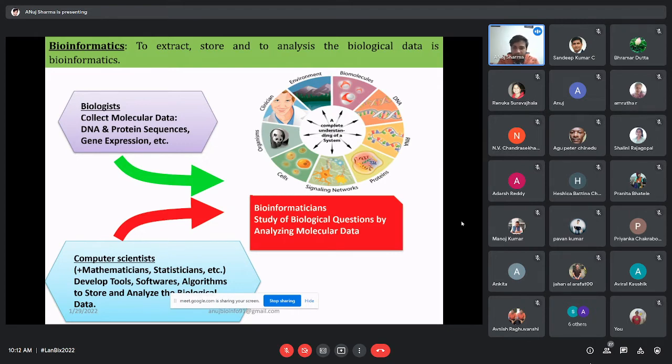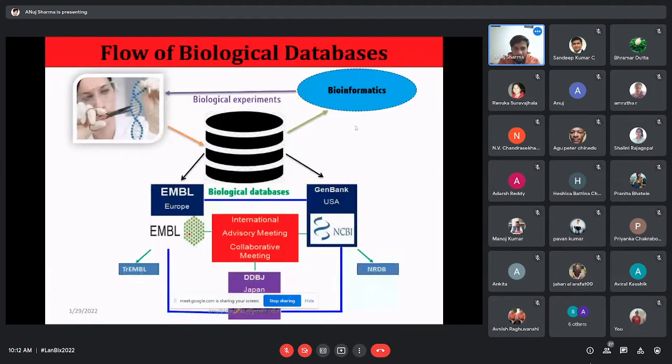And there are different fields. These fields can be targeted by molecules: DNA, RNA, protein. It all depends upon your interest, what you would like to do. So biological databases are the key in bioinformatics. As a molecular biologist, you will do some work in the lab, then deposit it in a database, and then go for bioinformatics to analyze this data.